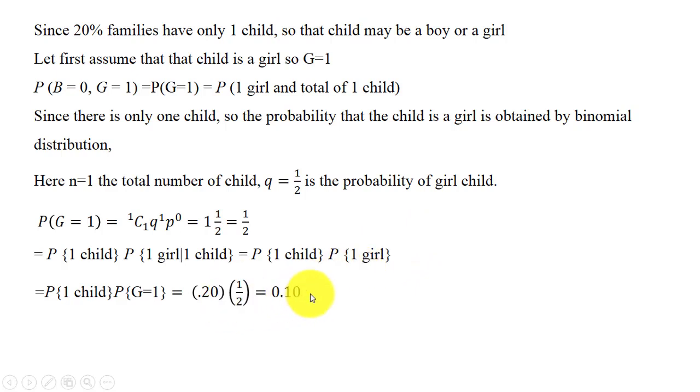So it is 0.1. So P of B equal to 0 and G equal to 1 is 0.10.